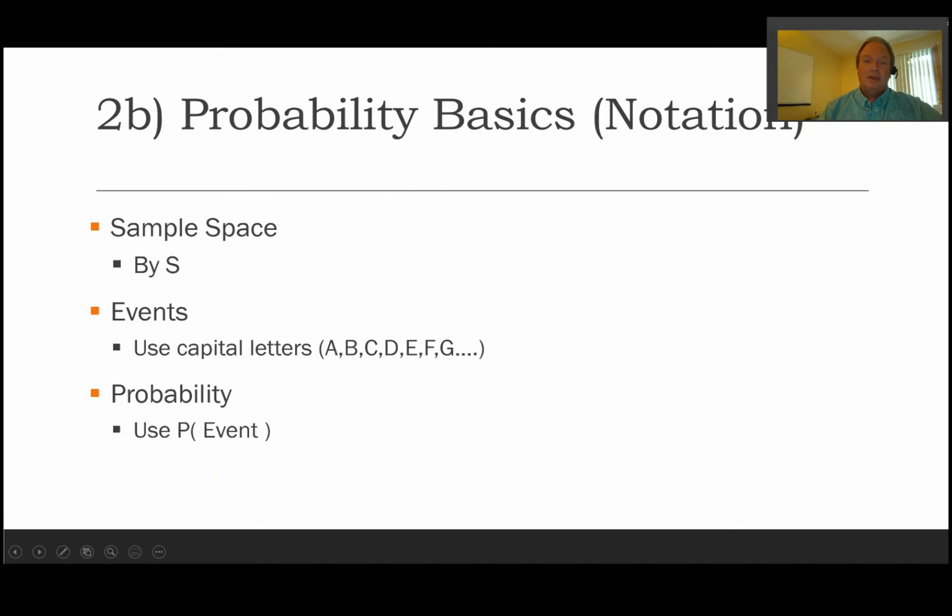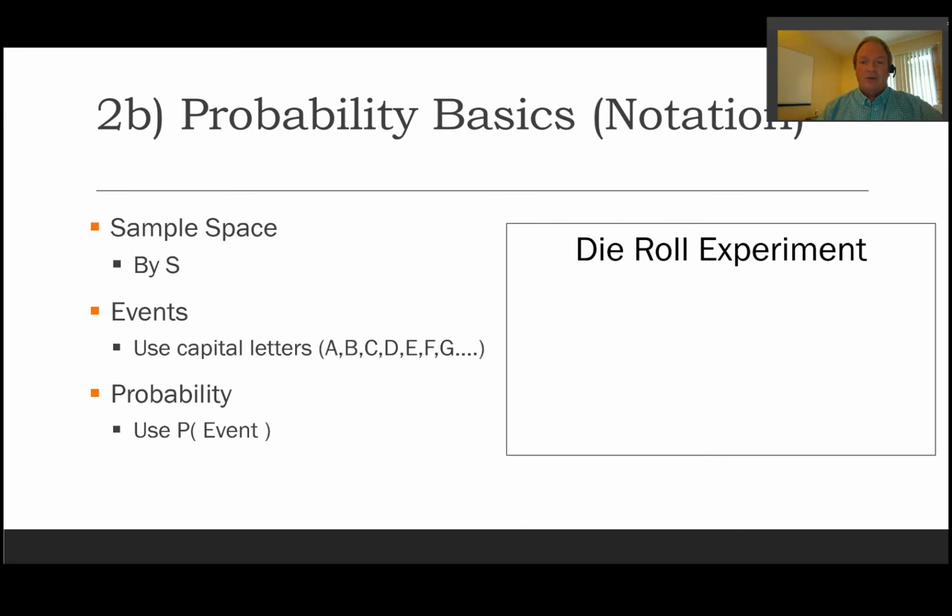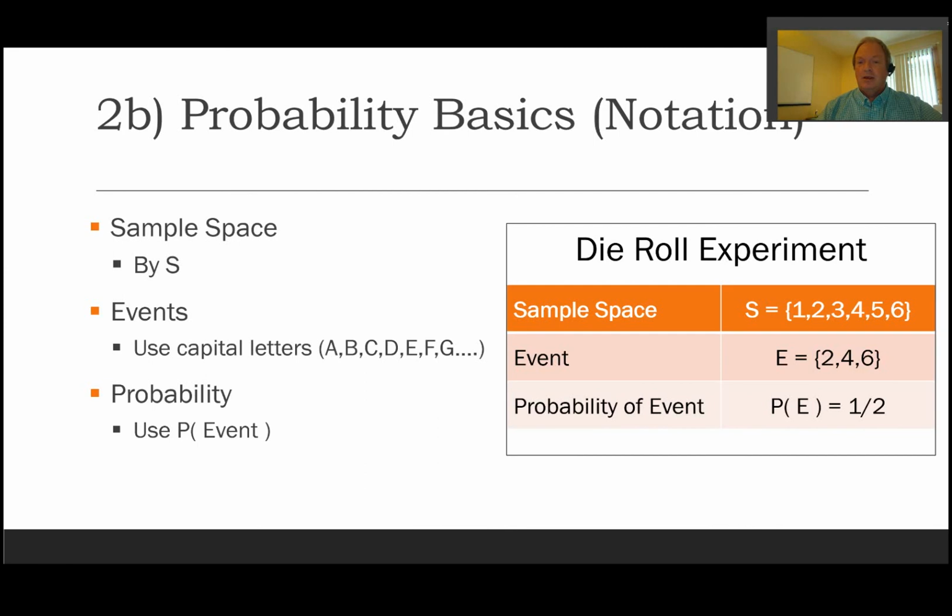Just to make sure that all of this is concrete and we understand it, let's look at a few examples. The first is our die rolling example. We could let our sample space, capital S, be equal to the set {1, 2, 3, 4, 5, 6}. Very often we represent sample spaces as sets.